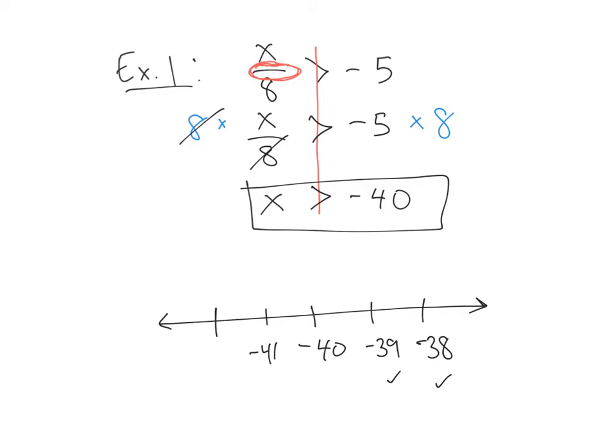Two numbers a little smaller are negative 41 and negative 42. In this case, negative 40 does not work, so I'm going to draw an open circle. Again, a closed circle is for greater than or equal to or less than or equal to, and an open circle is for greater than or less than. And I'm going to draw my arrow toward the numbers that work, like negative 39 and negative 38.